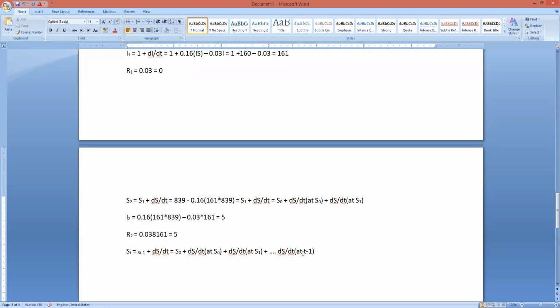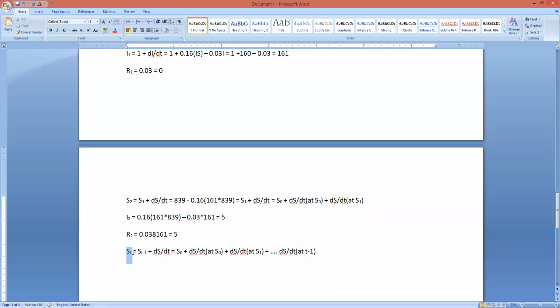Similarly, IT will also be given by this formula. Do you understand this? IT, RT, all of them will be like this.